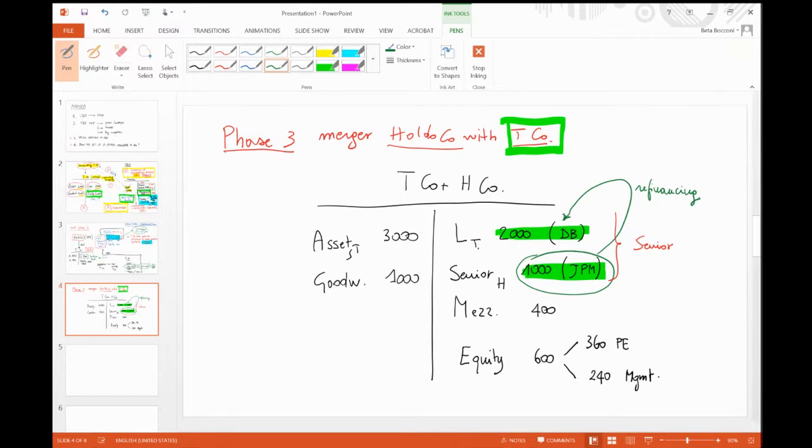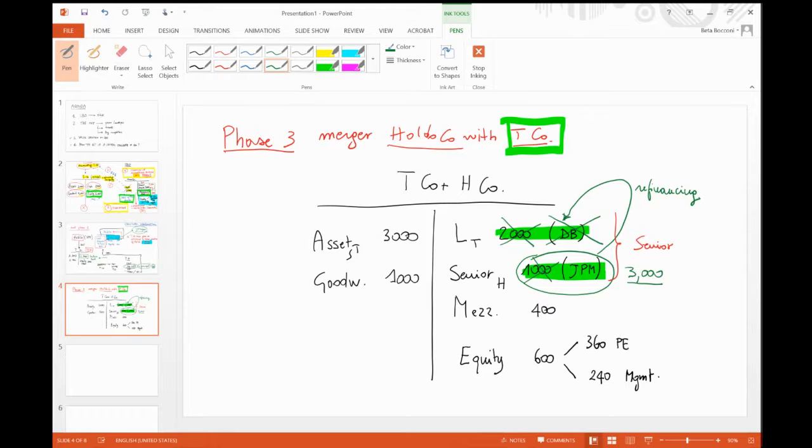So the idea is that this Deutsche Bank loan will be cancelled, and essentially JP Morgan will finance the full amount of debt, including the refinancing of the existing liabilities.